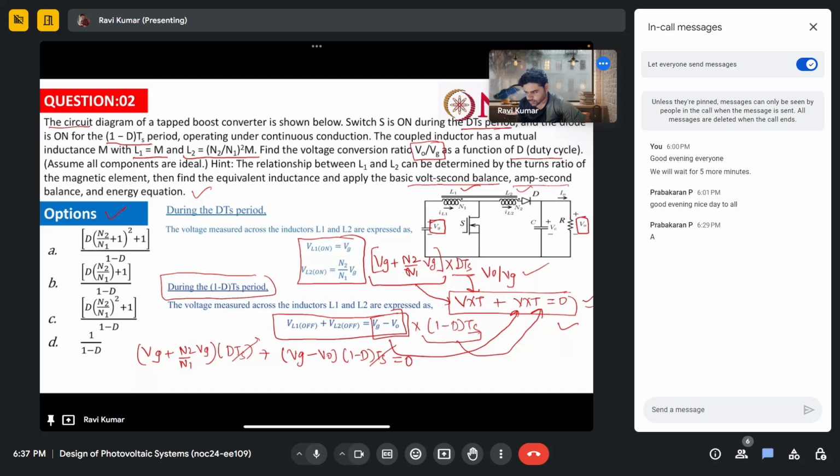Then we can do one thing: Vg plus N2 upon N1 Vg into D equals V0 minus Vg into 1 minus D. Now solve this for V0 by Vg. What is asked here? It is asking V0 by Vg.